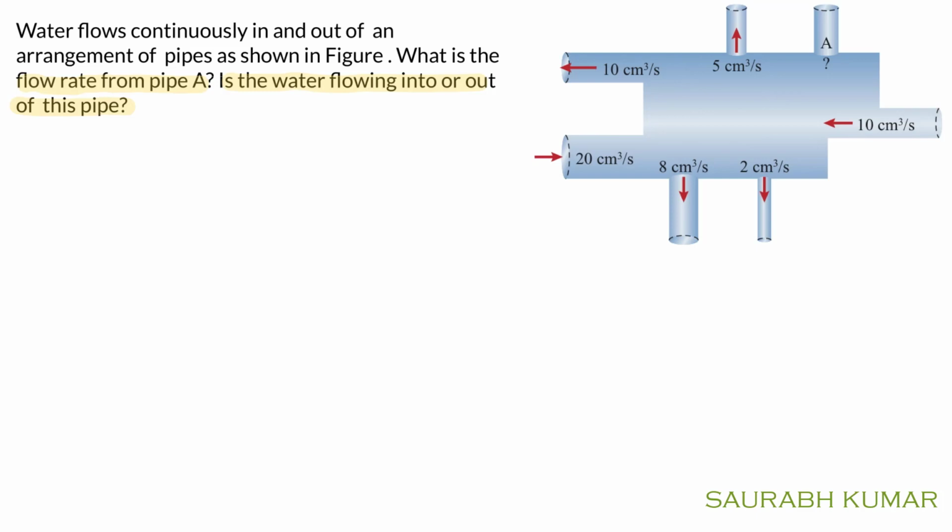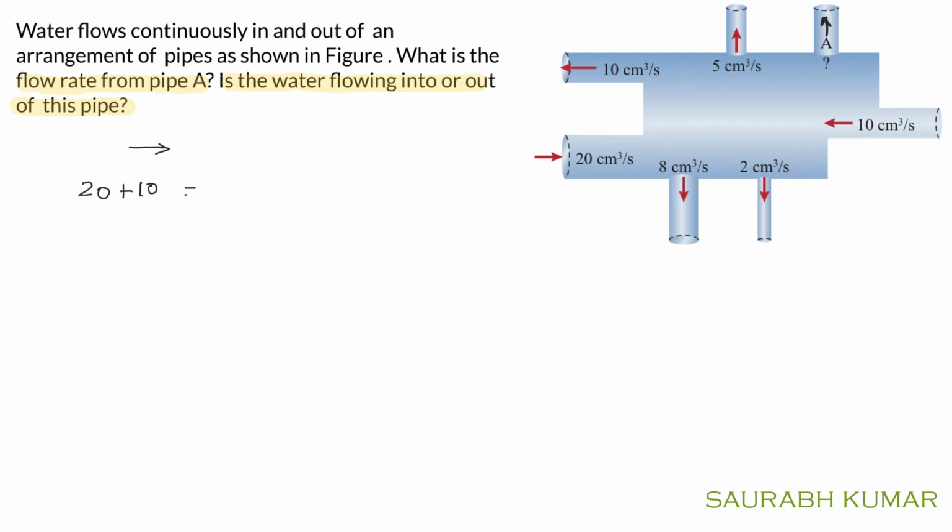So suppose, let us first write the water that is entering. For entering, flow rates are 20 centimeter cube per second and 10. At A, let us assume that water leaves.